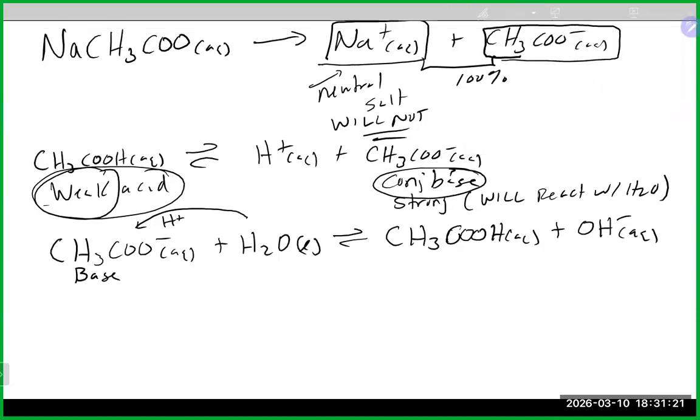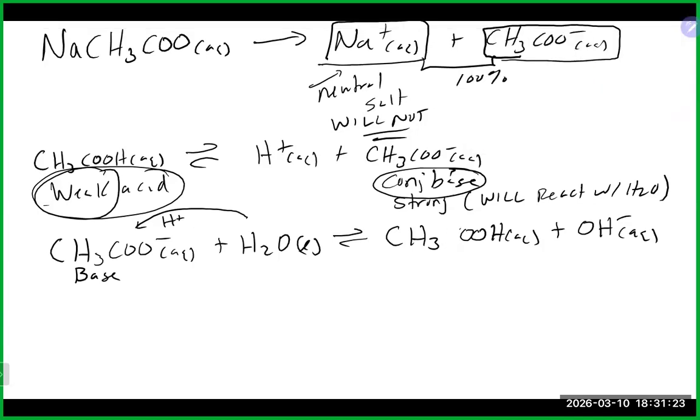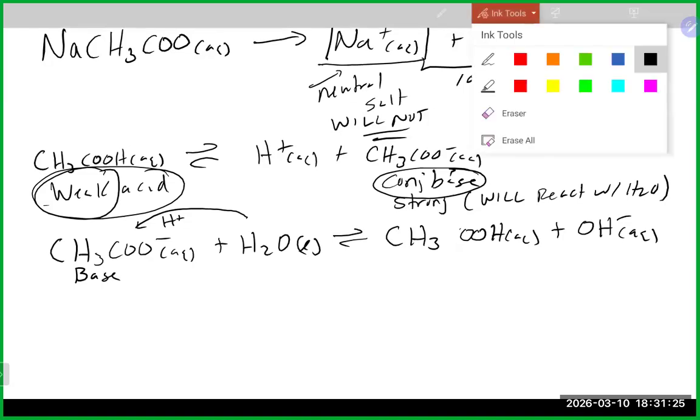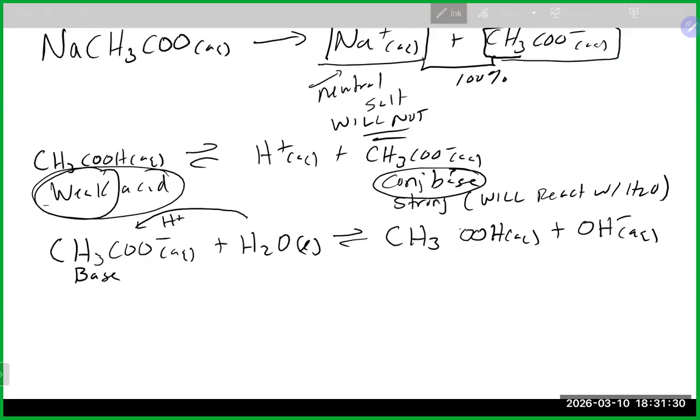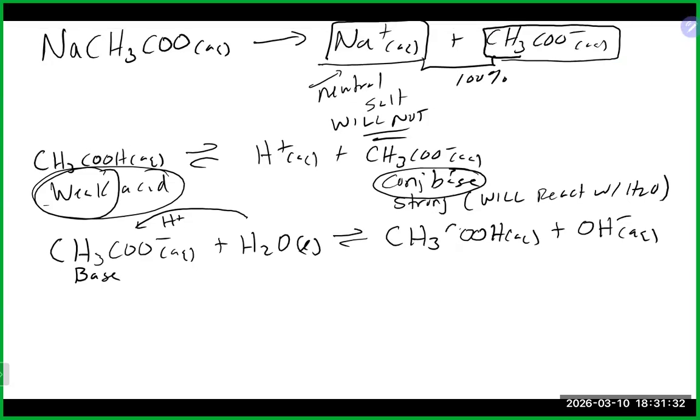If you had to make a bet, would you expect this solution to be neutral, acidic, or basic? What do you think? What is really staring at you in that equation that's jumping off the screen? On the right-hand side of the equation, what's there?